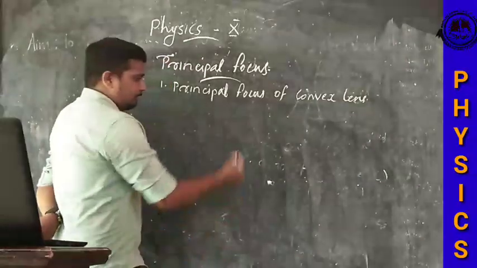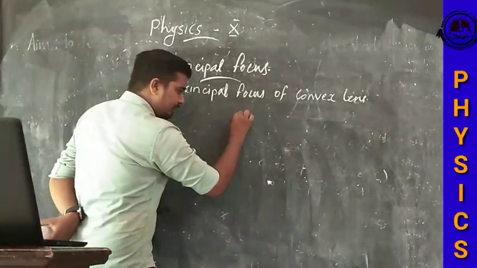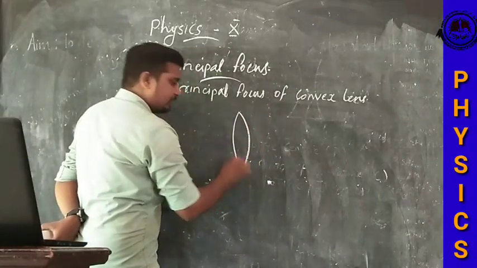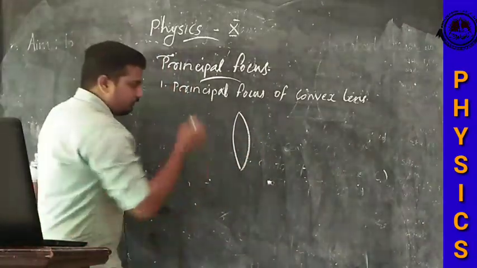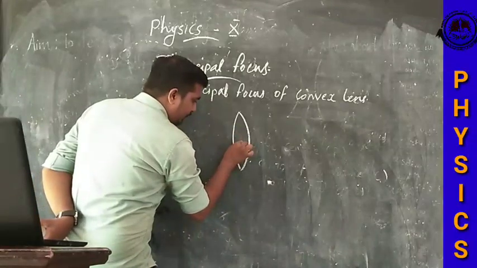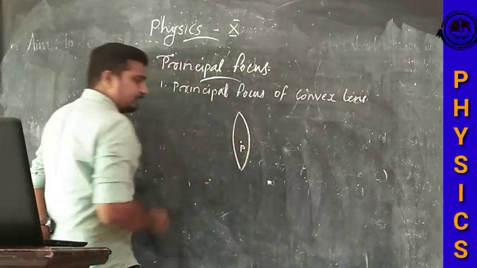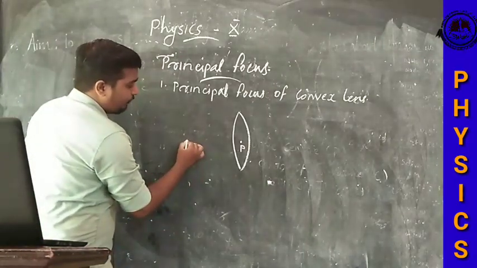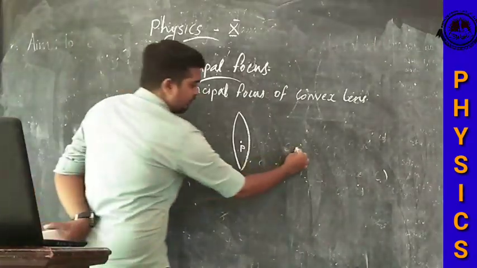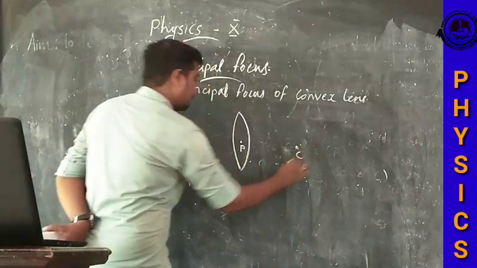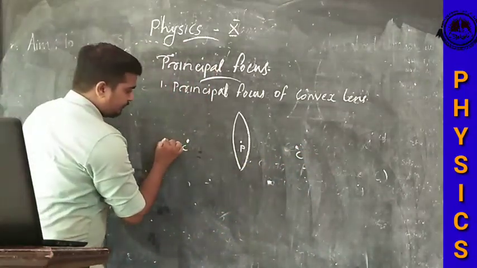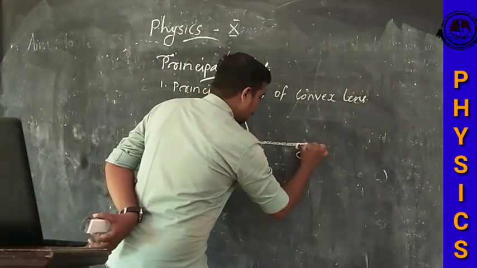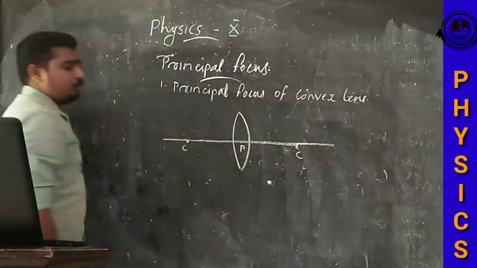Here let us consider a convex lens. The midpoint of the convex lens is called the optic center, and this is the center of curvature of this lens, and this is the principal axis of this lens.